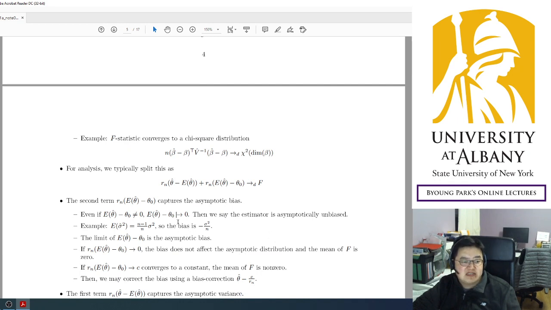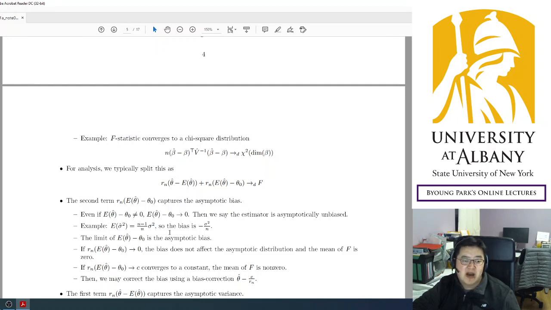The famous example for this case is the estimator of the population variance. When you estimate the variance, if you use the denominator n, then the expected value is something different from the variance.